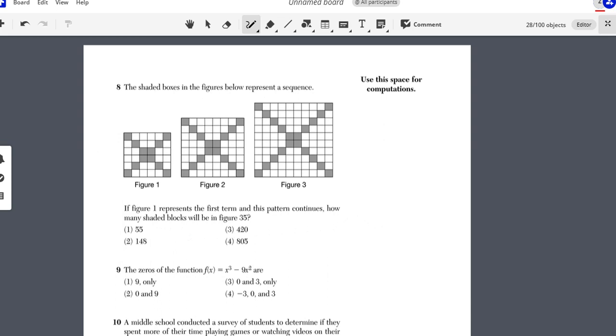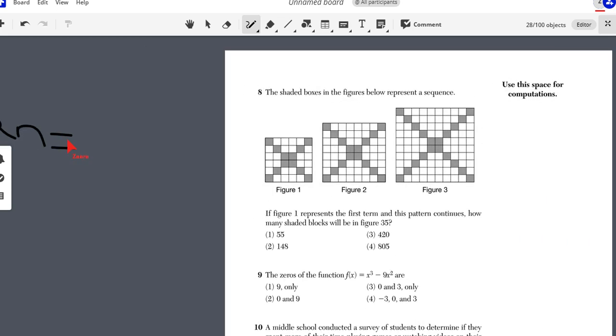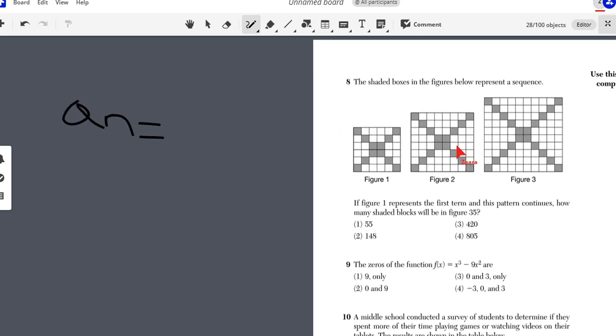I did this. If n equals 5 plus n minus 1 times 4. How you got that? What is 5? It's what's it called?